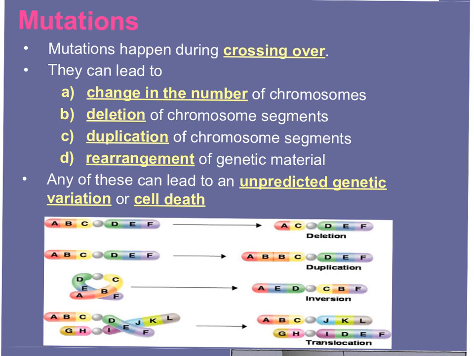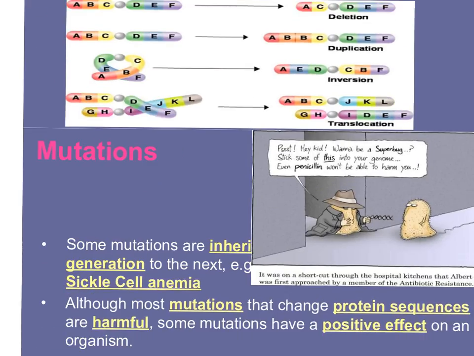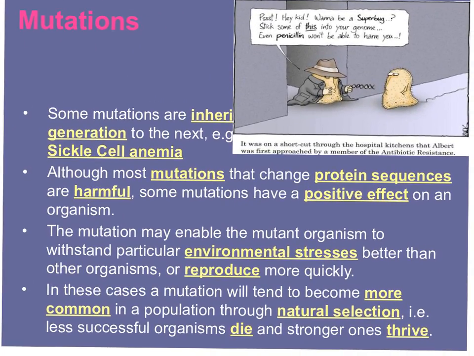What I really want to touch on is that although I say it's an error, it's not always an error. Mutations are often bad for the organism. They can certainly result in cell death, it can certainly result in huge issues for the organism, but sometimes they're positive. Sometimes mutations are actually beneficial in some way or another for an organism.